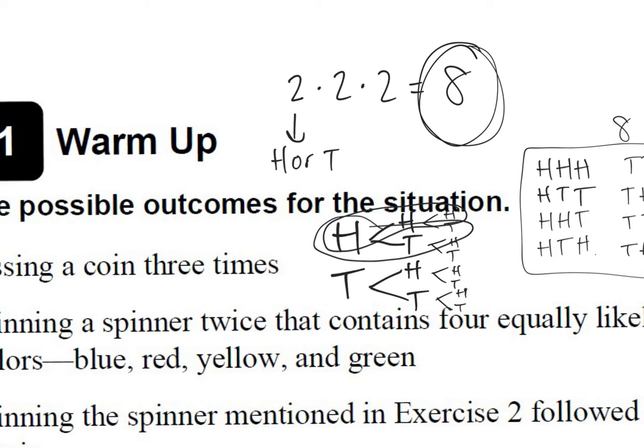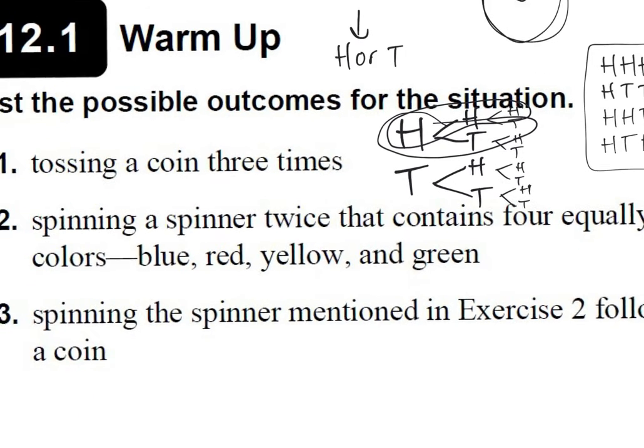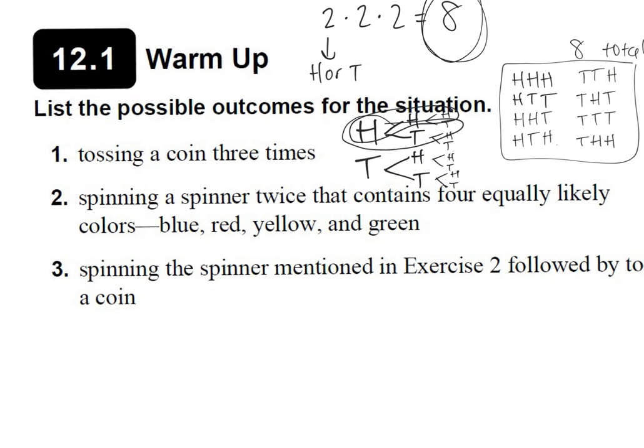Let's go. Okay. So, number 2, spinning a spinner twice that contains 4 equally likely colors, blue, red, yellow, or green, okay? So, how many possible colors are there? 4, right? And how many times are we spinning the spinner? Twice, right?